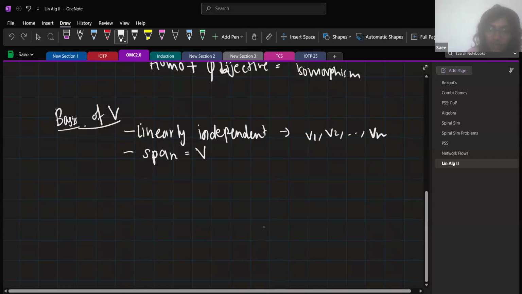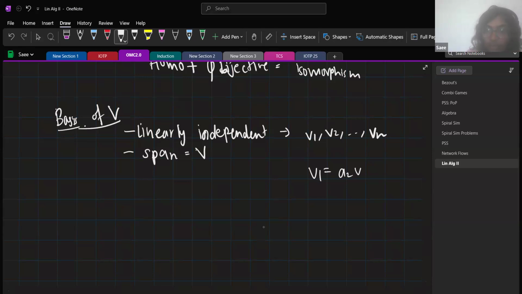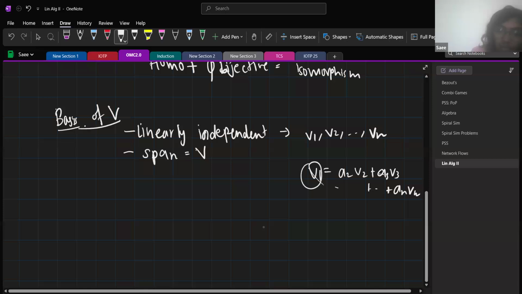For example, if we can write V1 as A2 V2 plus A3 V3 plus up to An Vn, then these are not linearly independent, because V1 is dependent on the other vectors.